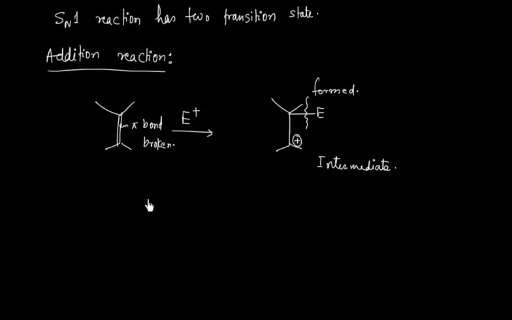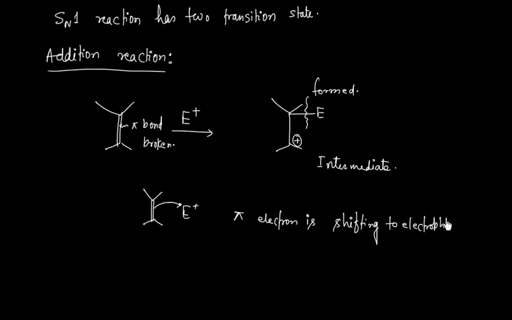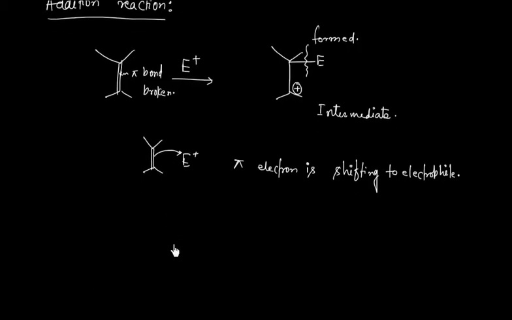So what is happening actually? This pi electron cloud is shifting towards electrophile. So in transition state, carbon-electrophile bond is partially formed and carbon-carbon bond is slightly broken.